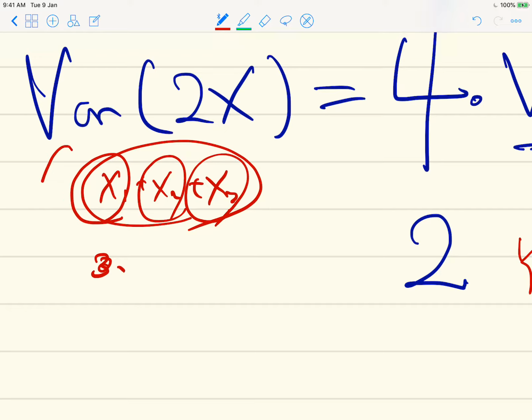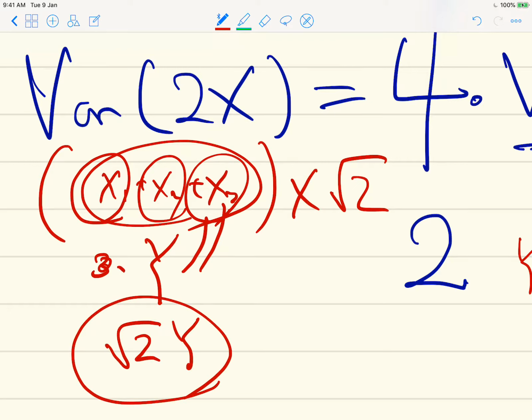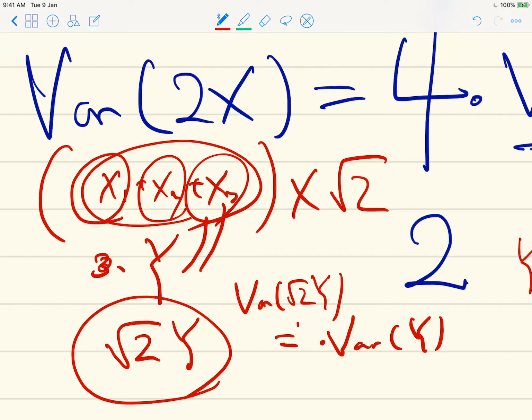And now if we consider the square root of 2 times this random variable y, initially y was this guy, then what is the variance of square root of 2 times y? That is the variance of y times what? 2, right? So if we use this square root of 2 as an additional multiplier, it will actually increase the variance by a factor of 2, right?